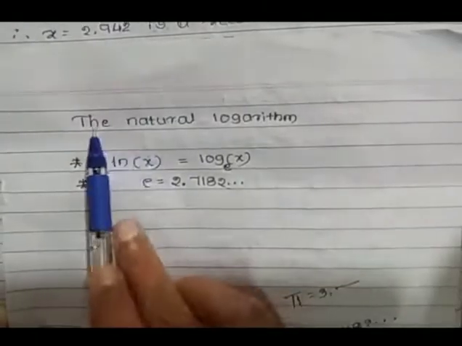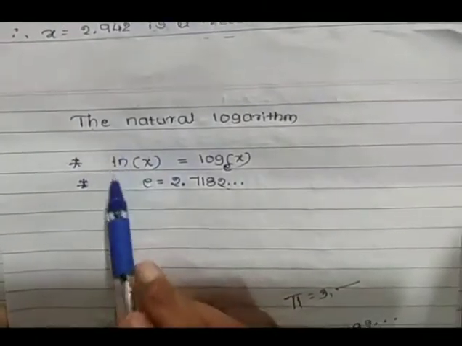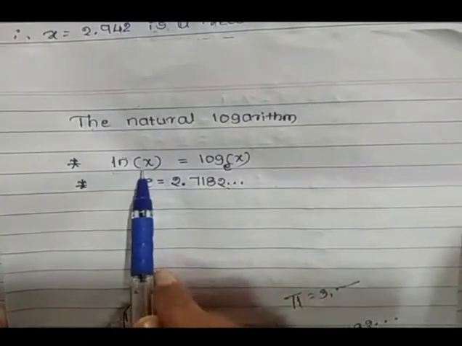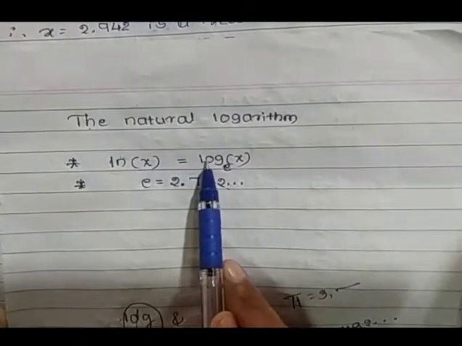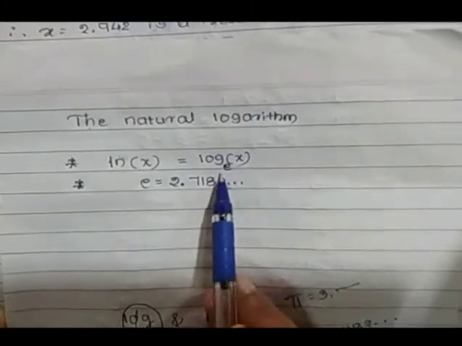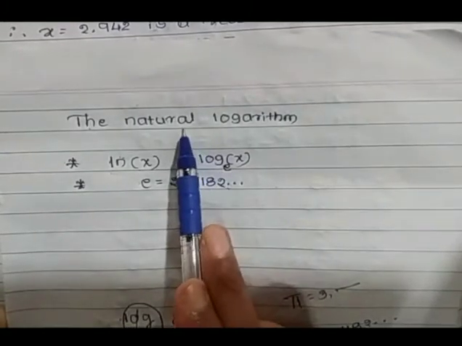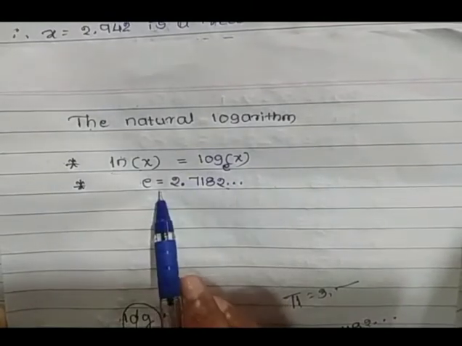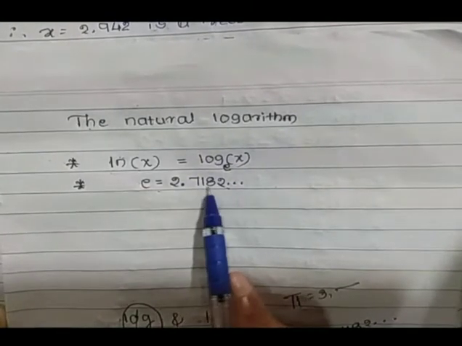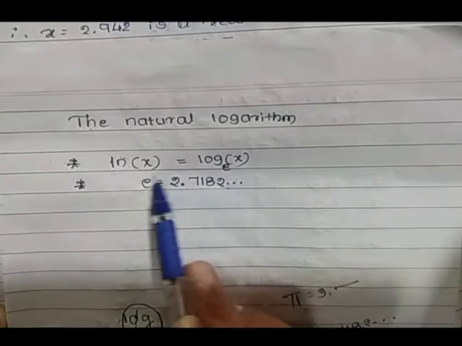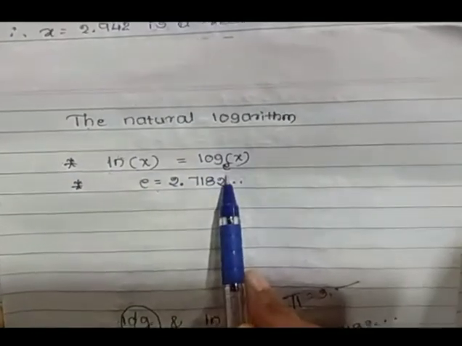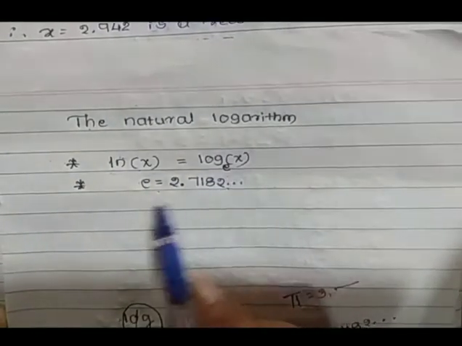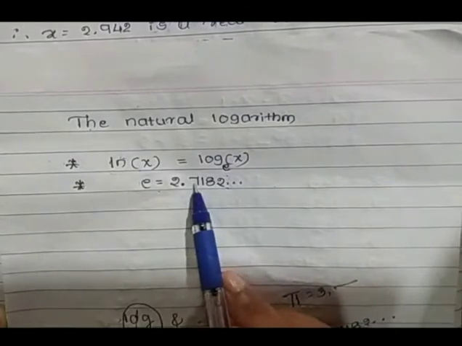Listen here. The natural logarithm, that is ln x, is nothing but log x to the base e. Whenever we talk about natural logarithm, it is for base e, and the e value is 2.7182. You don't need to remember this one, because you are going to use a scientific calculator, so there is no need to remember this e value.